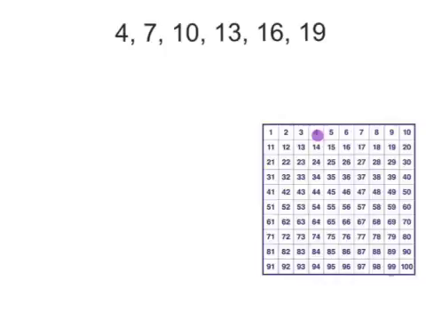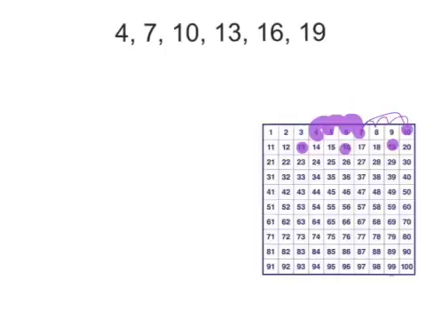So here's 4 and here's 7. What have I added? 1, 2, 3. Okay, so let's mark out the rest of our pattern on the board and see if this is what's happening. And it goes to 10 after 7, then to 13, then to 16, and then to 19. So from 7 to 10, you can see that it has counted on 3. 1, 2, 3.